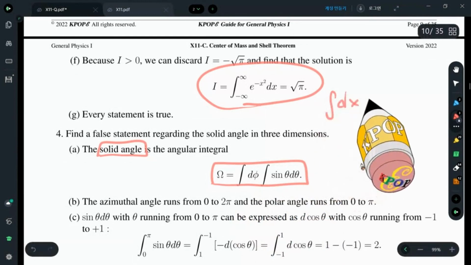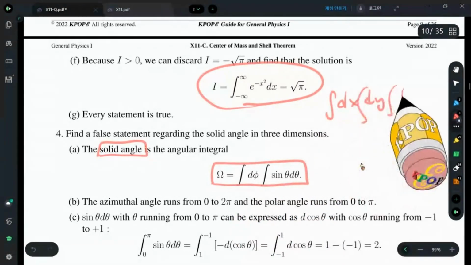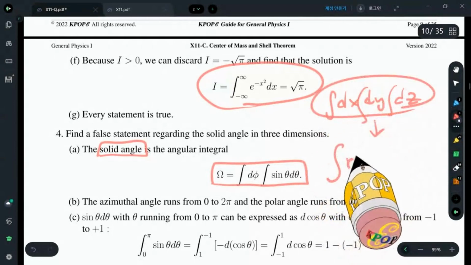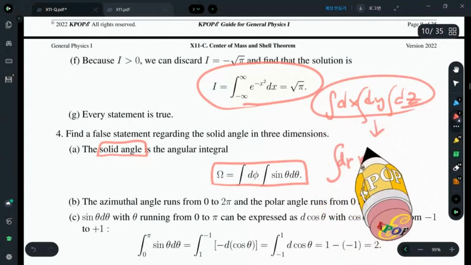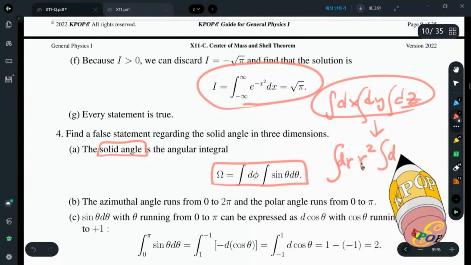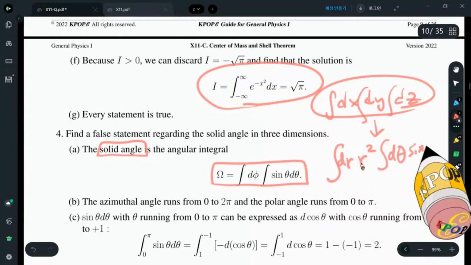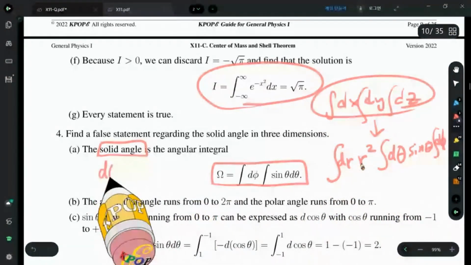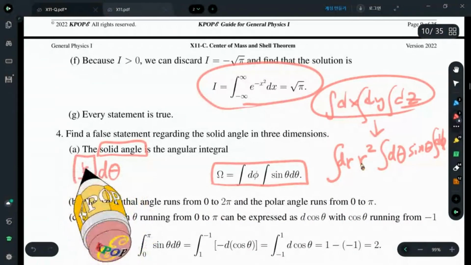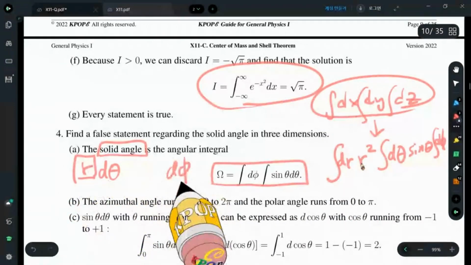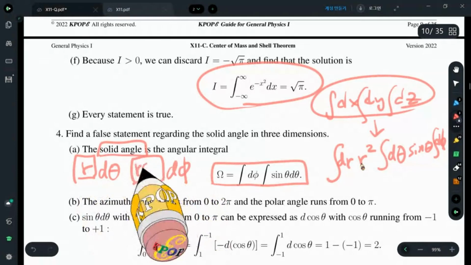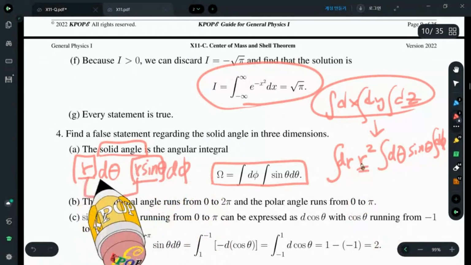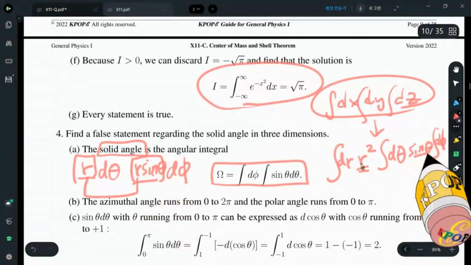We have dx, dy, and dz in 3 dimensions in Cartesian coordinates, which can always be expressed as dr, r squared, d theta, sine theta, d phi. The reason is that d theta needs a scaling factor that is a radius, and d phi needs a scaling factor that is a planar radius. That's the reason why we have r squared and sine theta here.